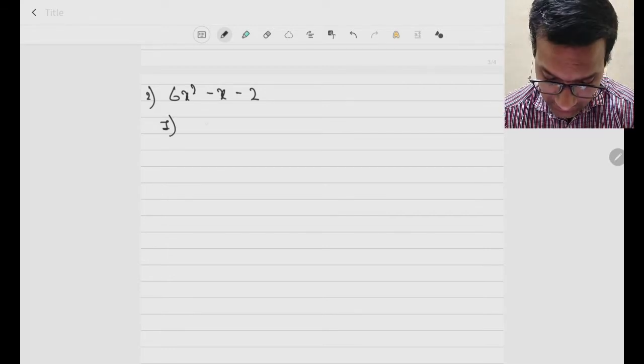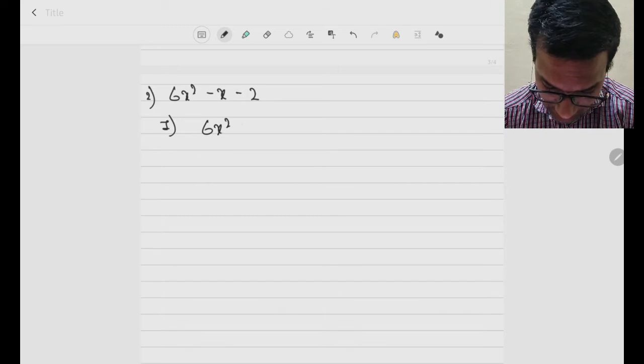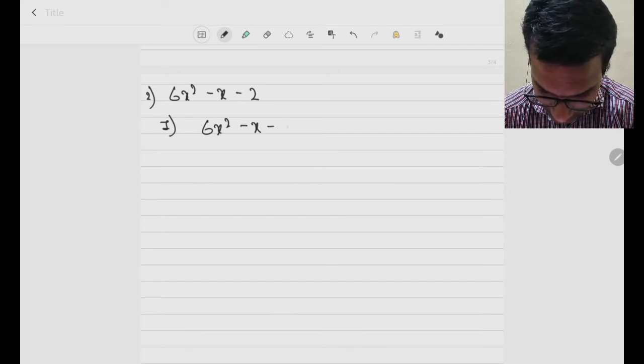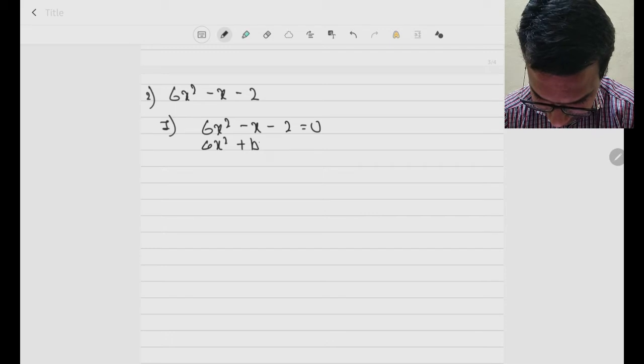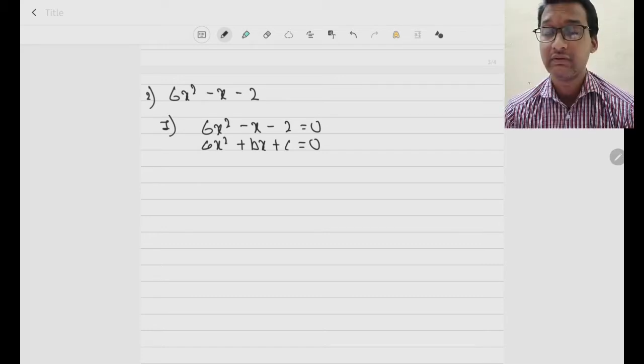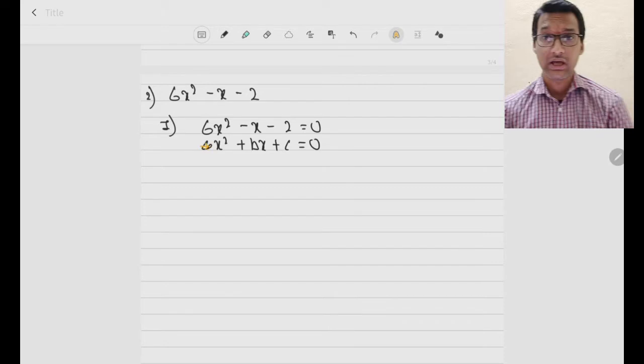The first step is to equate it to 0 and compare this with ax square plus bx plus c, so that we will find what is a, b and c.